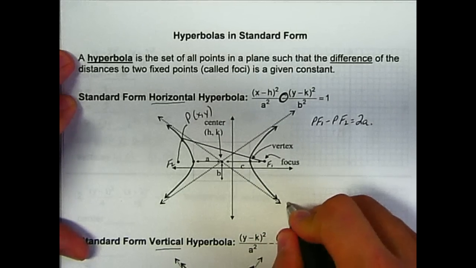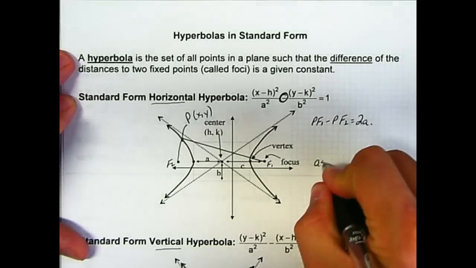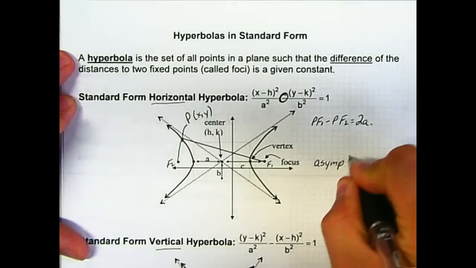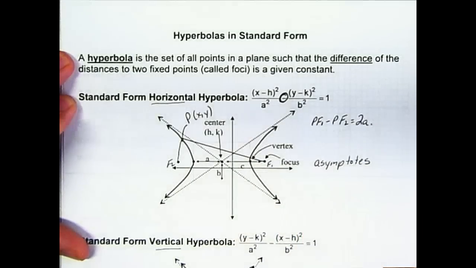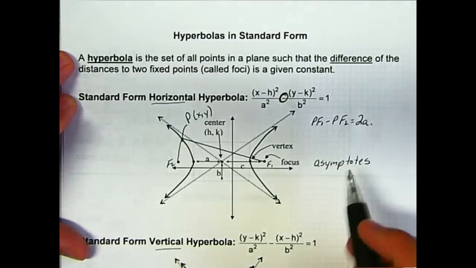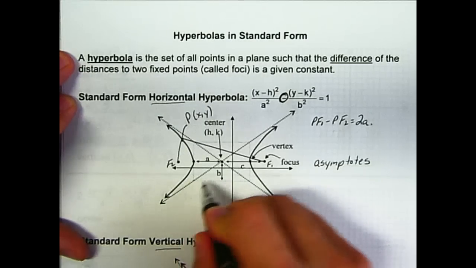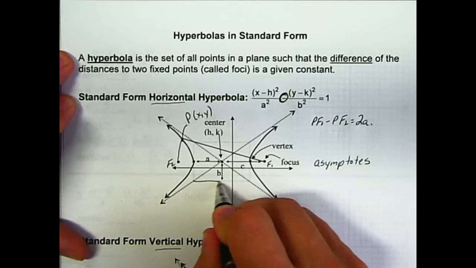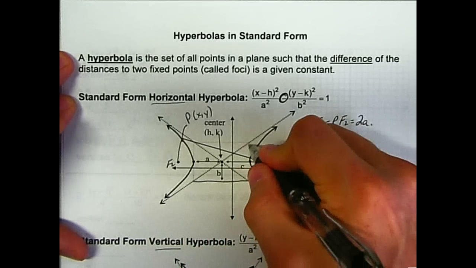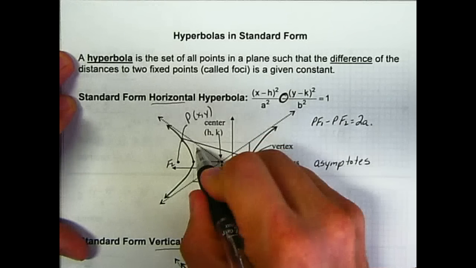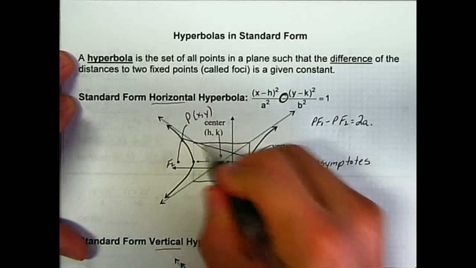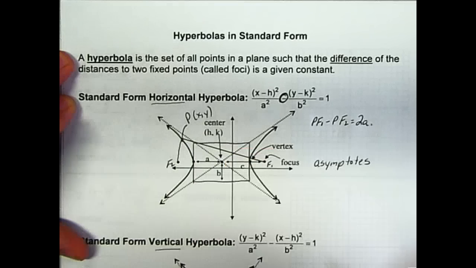Here are the hyperbola's asymptotes. We're going to draw those asymptotes, and they form this little box. They go through the corners of this little box that are inside our hyperbola.